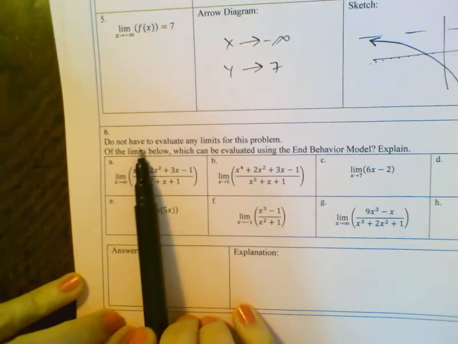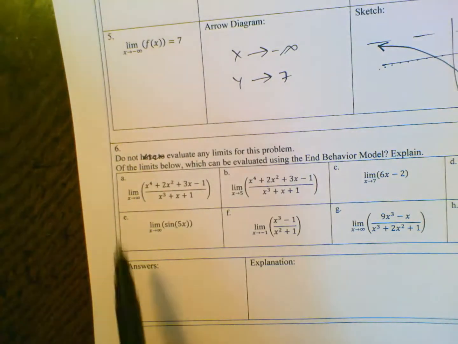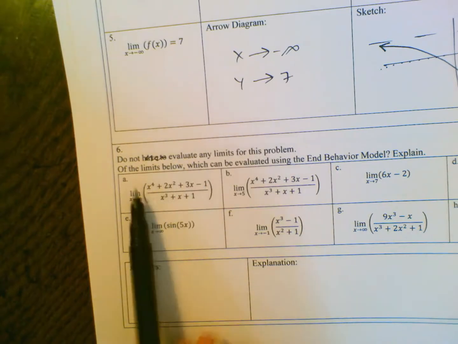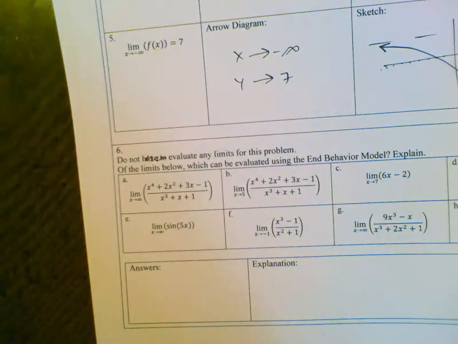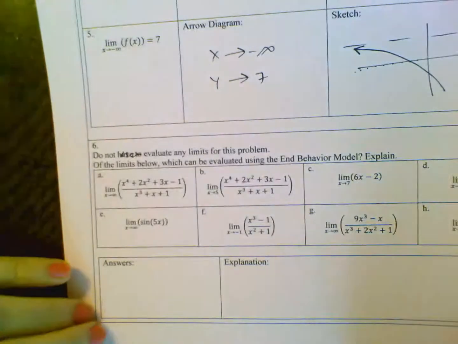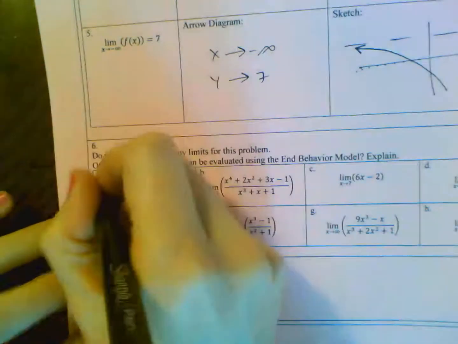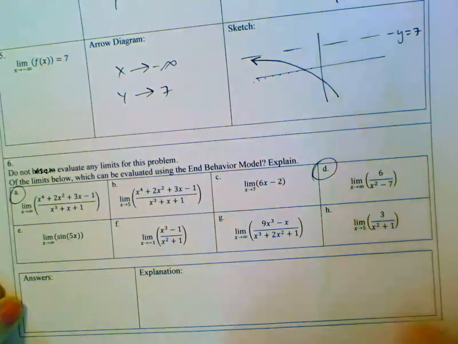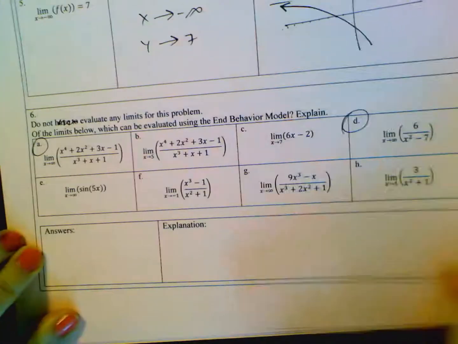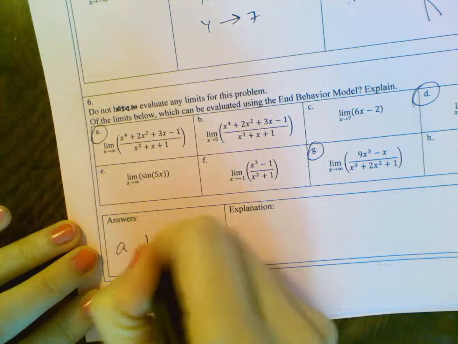All right. Do not evaluate any limits for this problem. Of the limits below, which can be evaluated using the end behavior model, and then explain. Guys, for the end behavior model, the limit needs to be going to positive or negative infinity, and you need to have a polynomial over a polynomial. So that would be A, D, and G. A, D, G, right?